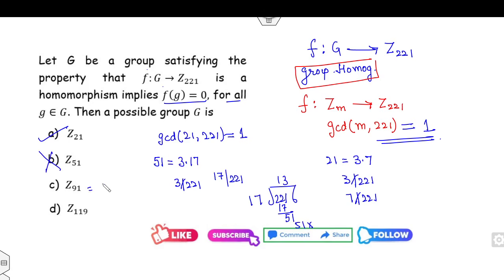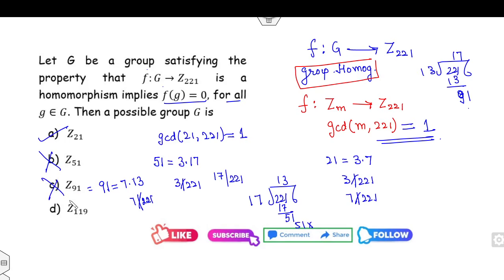Similarly 91. 91 can be factorized as 7 into 13. 7 doesn't divide 221, but 13 divides 221, since 13 into 17 is 221.